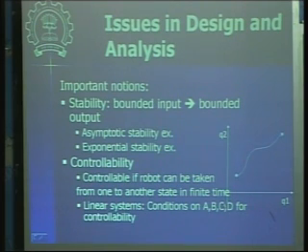So we should be able to take the robot from one state to another state in a finite amount of time. Then we can say that the robot is controllable. Now, in the case of linear systems, there are conditions on the ABCD matrices for controllability.